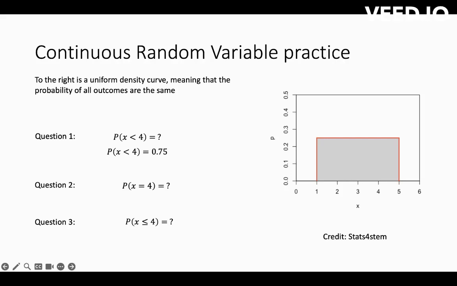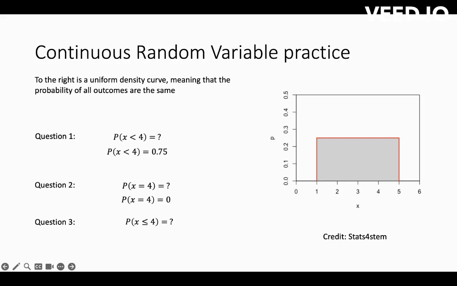Well, the probability of x is equal to 4 will be a vertical line. But then the vertical line is equal to 0 because it does not have any length in there. So it will be 0 times 0.25, which will then be 0.